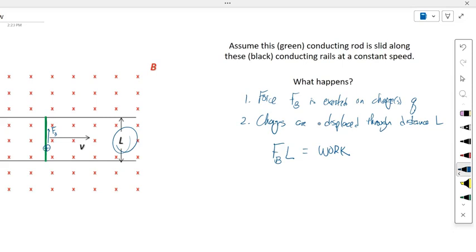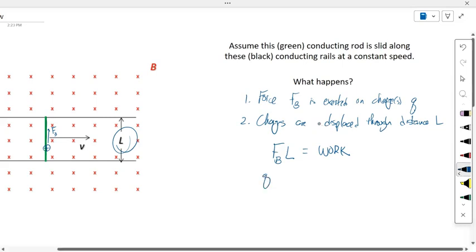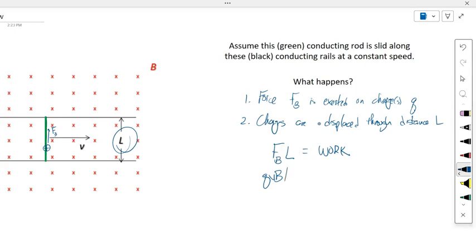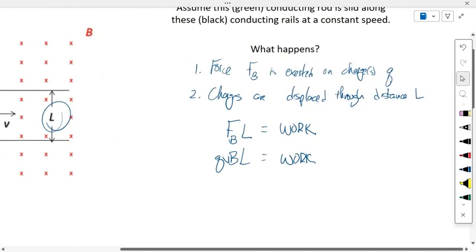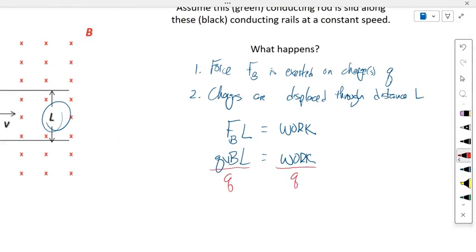Now this we can express as QvB, that's our magnetic force, times L, is the work done on each charge that's displaced distance L. Well, we've discussed this idea of the work done per unit charge as a charge is moved through an electric field, and that is defined to be potential difference.